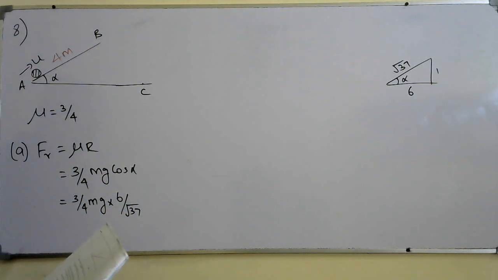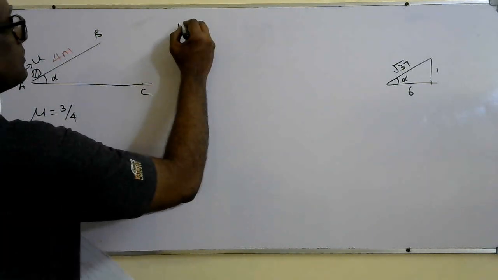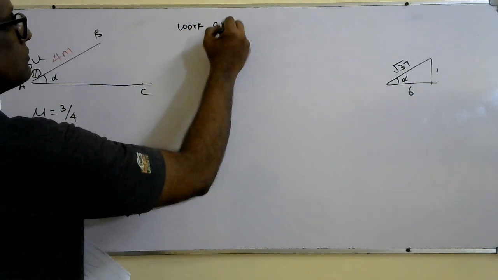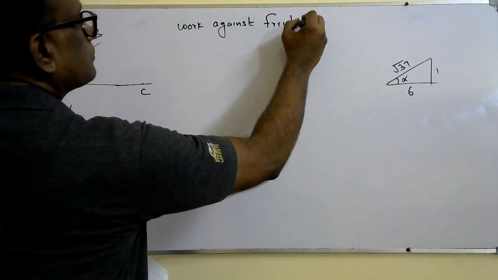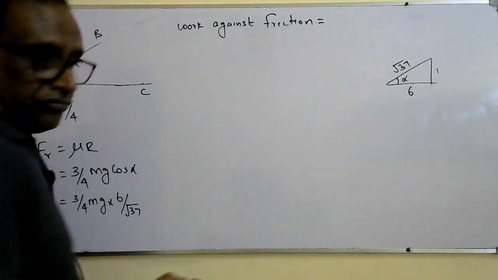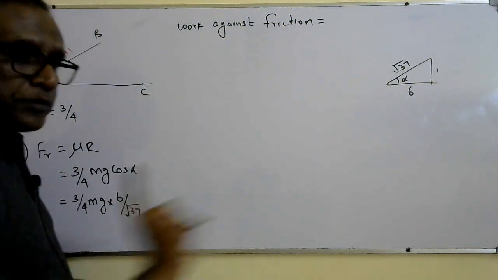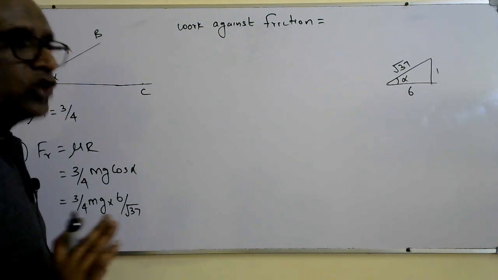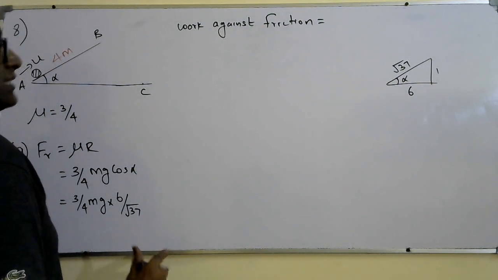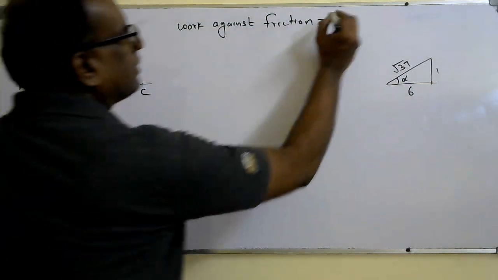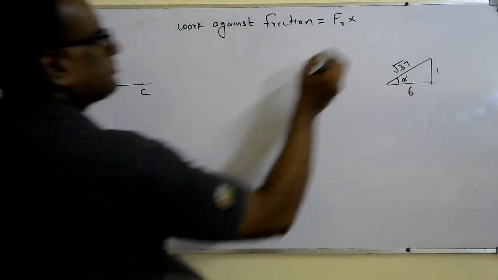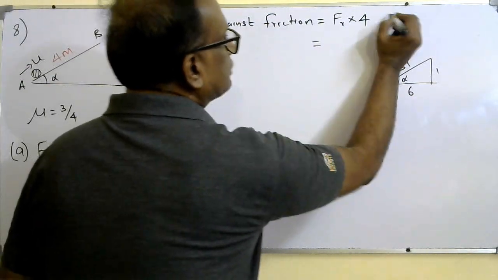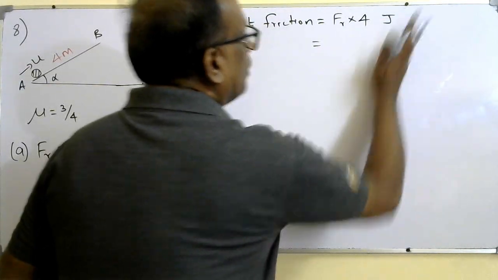Work done against friction is the question. Work done against friction equals friction force into distance moved opposite to the friction. So the friction force is F_r, into the distance moved opposite to the friction, which is AB, 4 meters. That much in joules.